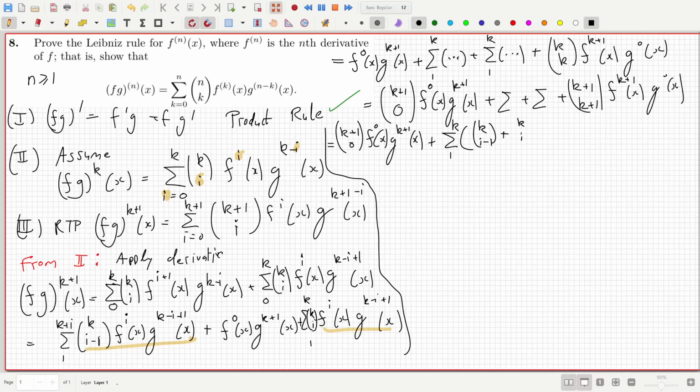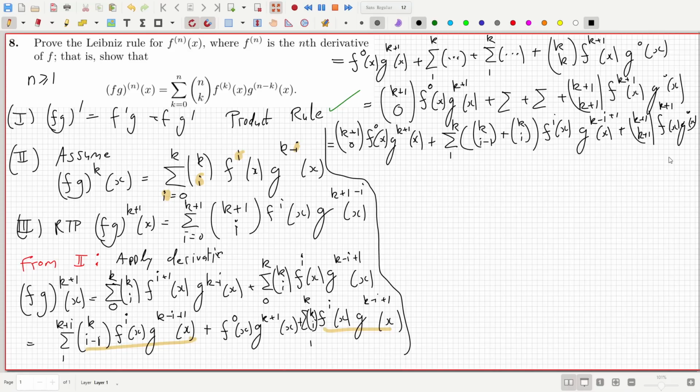k choose I, and then f I x g k minus I plus 1 x, plus the last piece there, plus k plus 1 choose k plus 1, f k plus 1 x g 0 x.